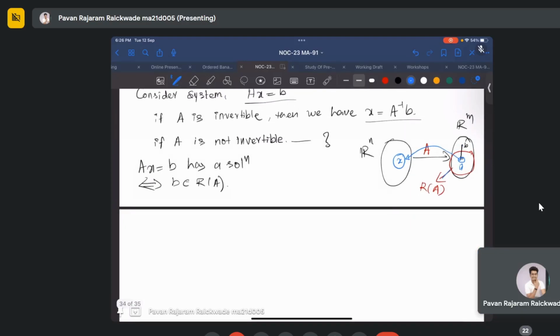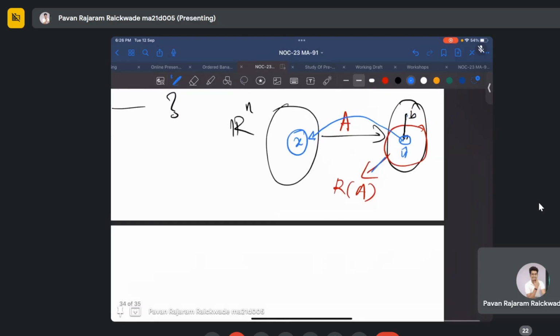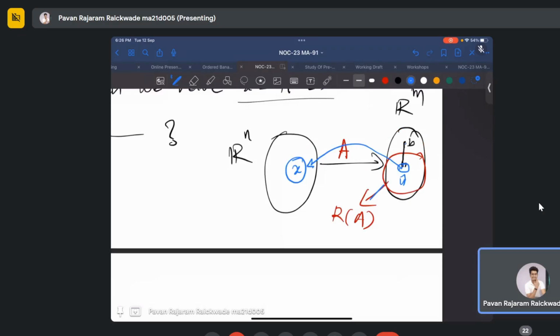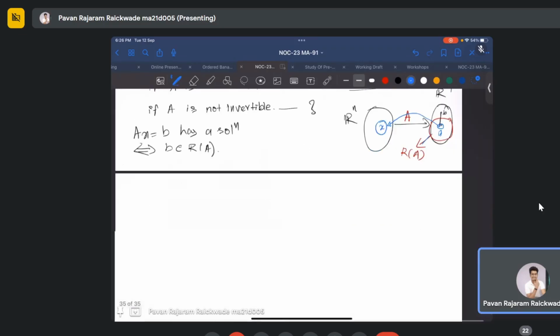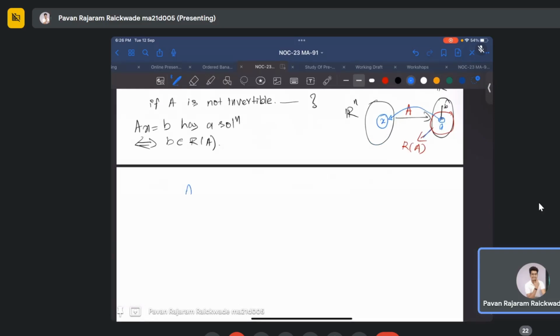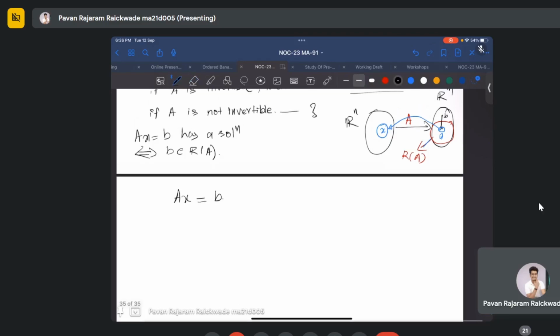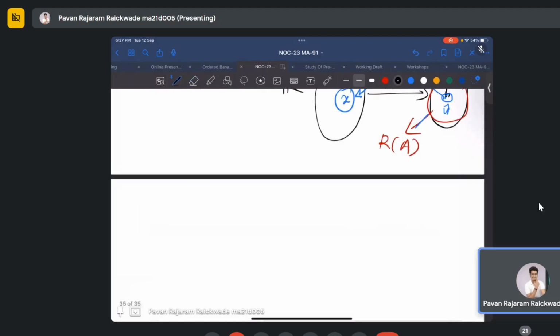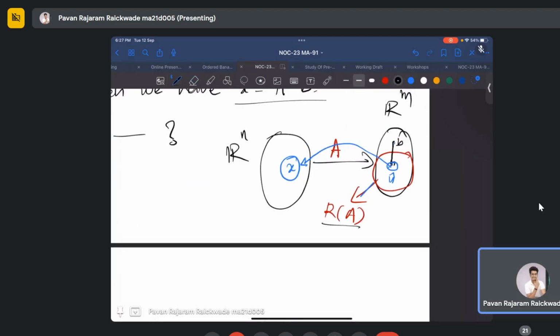Can you repeat how we find this if b is outside? If b is outside the range space of A, you want to solve Ax equals b, so first find an element in the range space of A which is nearest to b.